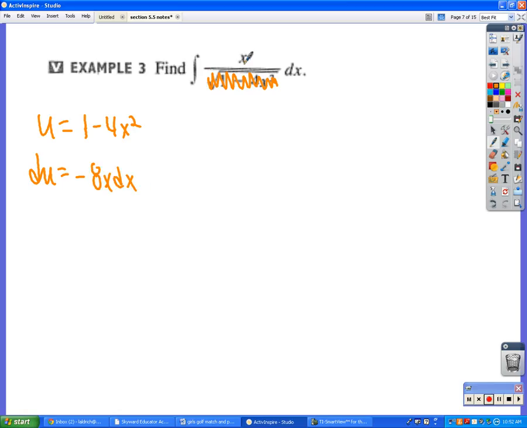Well, I only want an x dx. I have this extra negative 8 there. So I'm going to divide by negative 8. And that tells me that x dx, which is what I have left, is equal to du over negative 8.